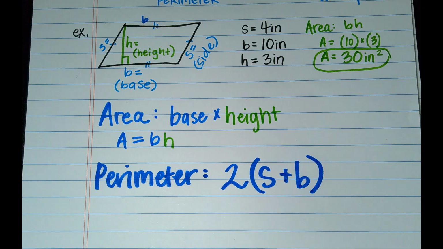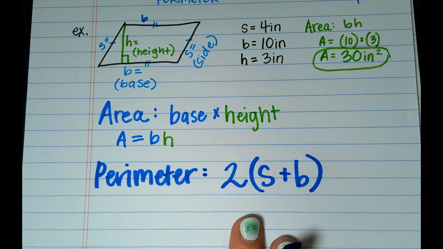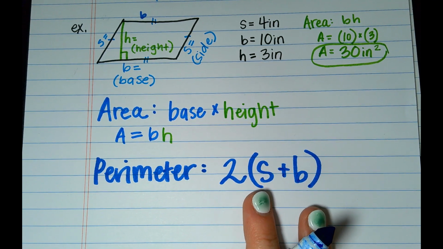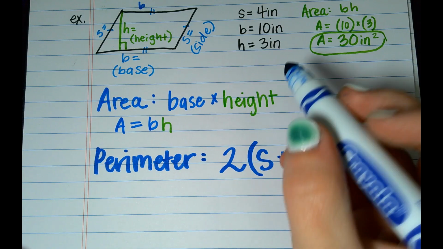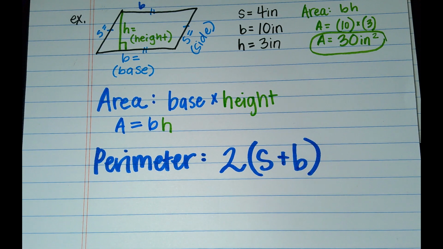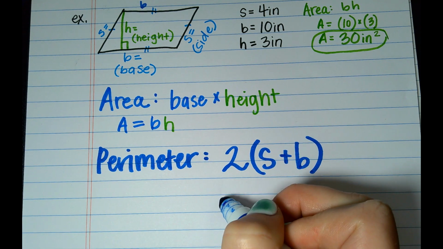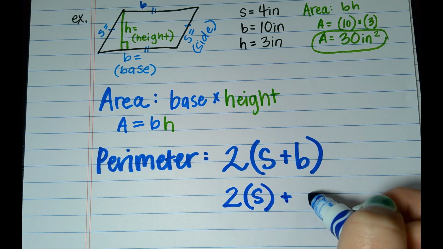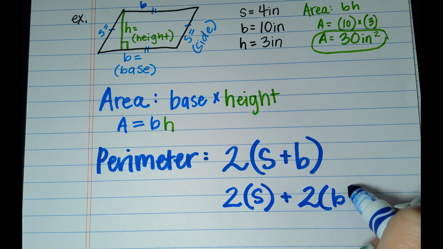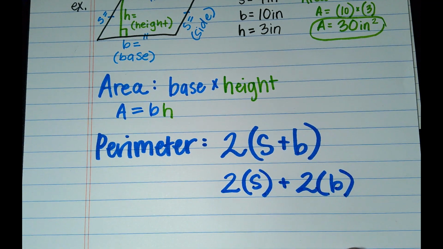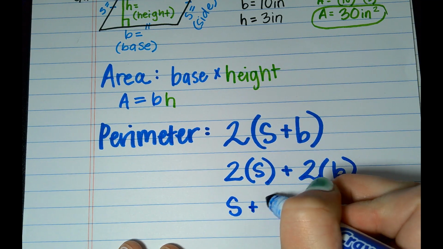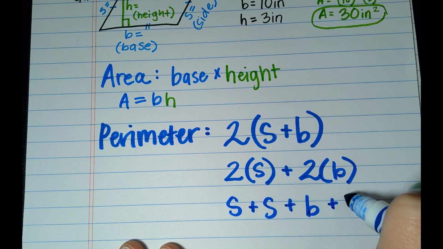Now, personally, I find this formula a little bit unnatural to use. So if you don't ever use this formula, that is okay. You can also do the distributed version where you're doing 2 times the side plus 2 times the base. That's the same. You could also do side plus base plus base.